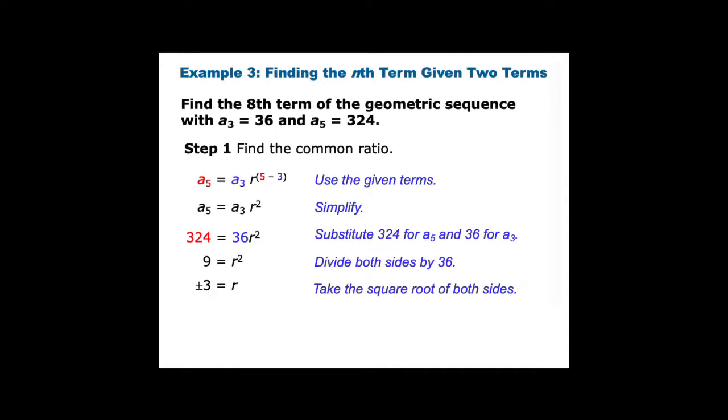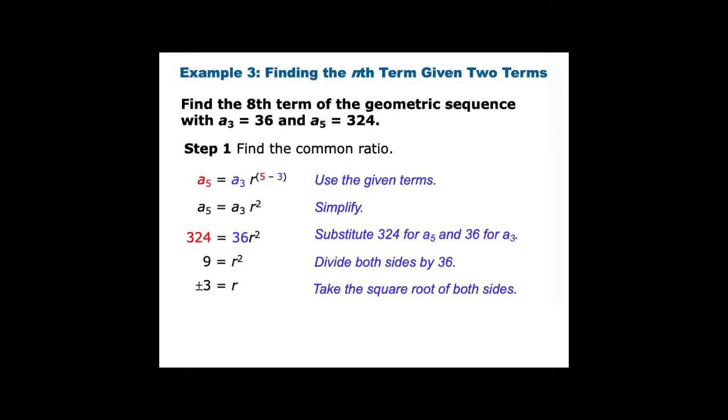Example 3, find the 8th term of the geometric sequence with a sub 3 equals 36 and a sub 5 equals 324. So find the common ratio. A sub 5 equals a sub 3 times r to the 5 minus 3 power. Here you want to use the two numbers it gives you.